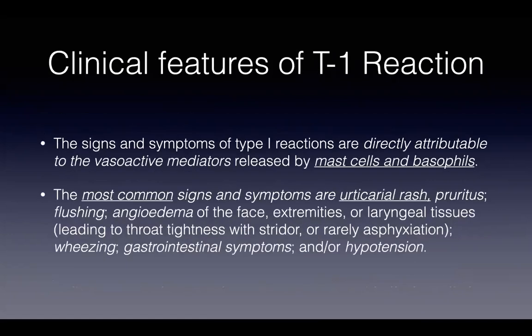Coming to a few clinical features of type 1 reaction that can be varied, that we have seen in the previous table. The signs and symptoms of type 1 reactions are directly attributable to the vasoactive mediators released by the mast cell and the basophils.